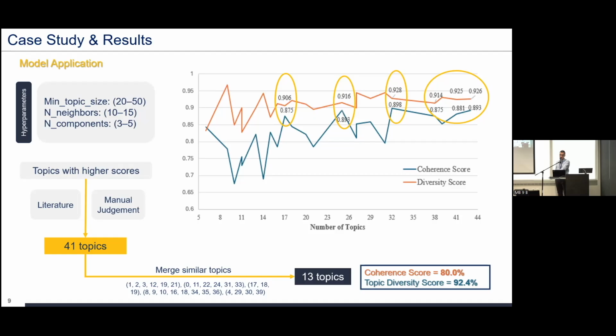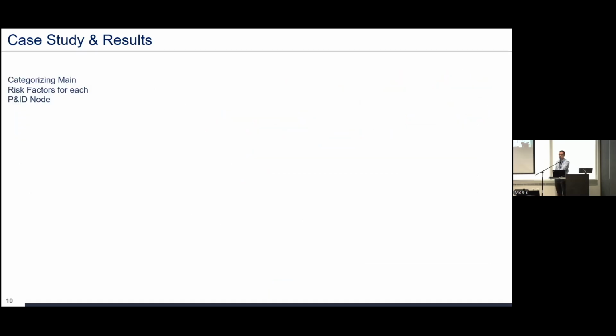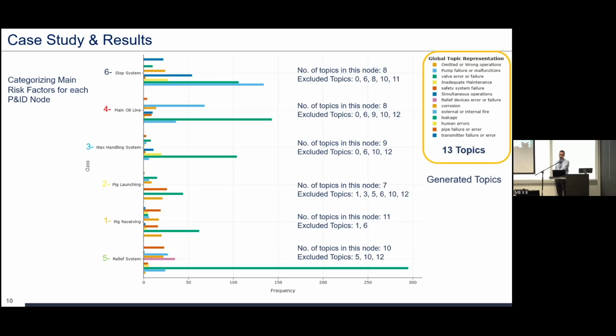In this case, we identified the main risk factors because we applied it on causes from a HAZOP report. So the main risk factors for each P and ID node have been identified. For example, here in the slop system, node number 6, the main risk factors are pump failure and malfunctions, and valve error and failures.